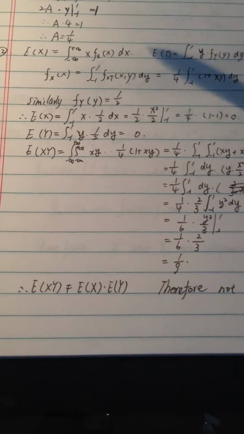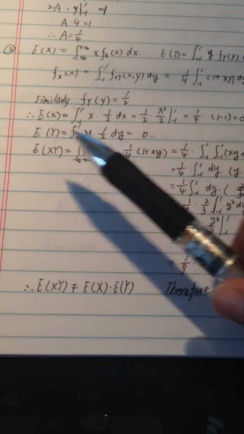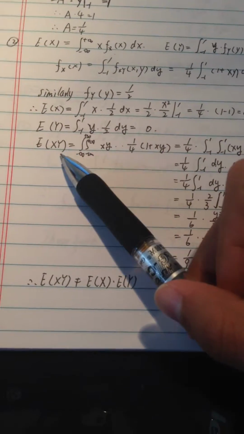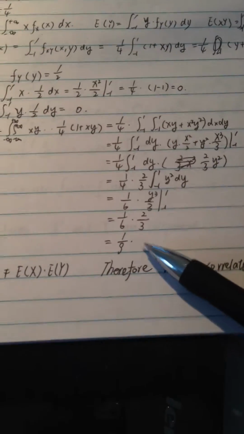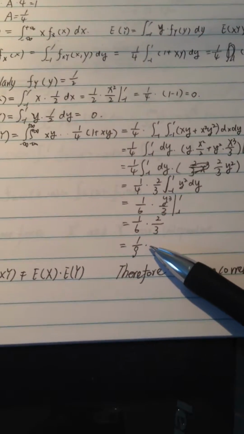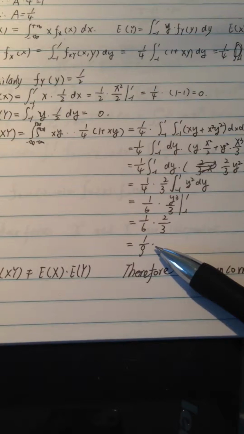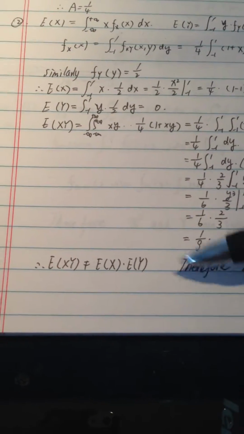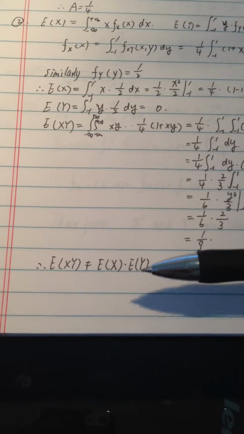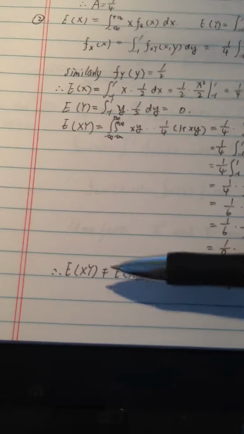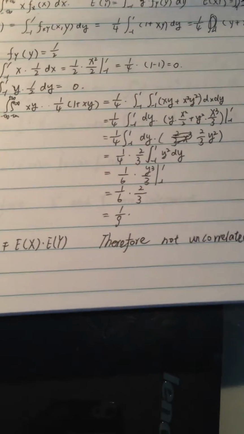Next we need to calculate the expectation of the product xy. After this integration, we find that this expectation equals 1 over 9. It's easy to see that 1 over 9 is not equal to 0 times 0, so x and y are not uncorrelated.